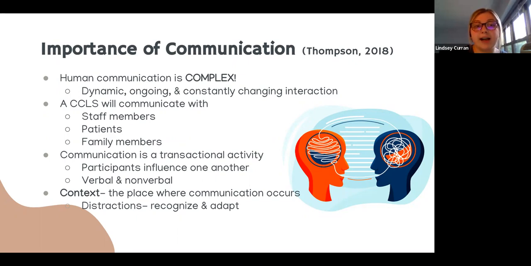In a hospital, as a CCLS, we're often communicating and talking to children. Because of that hospital context, there could be a lot of distractions like beeping noises, voices on the intercom, things like that. So it's very important to keep those things in mind when we are trying to communicate with those kids.